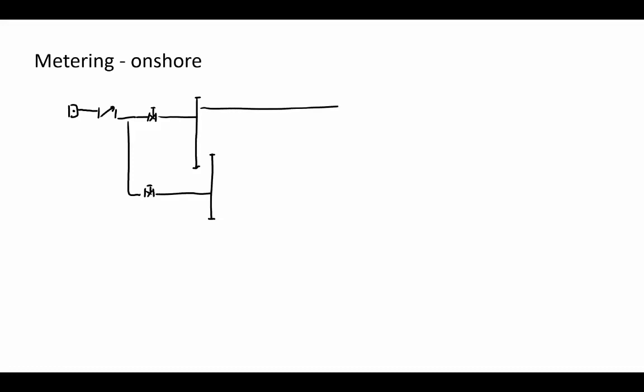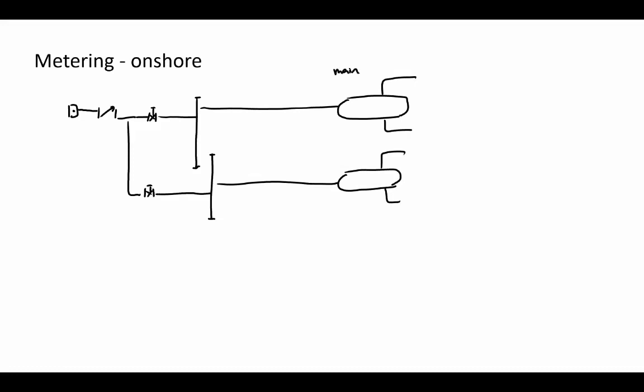So one option is what I already mentioned: let's say that's our well, and then we have our one-way valve, and then our routing valve, then our first header. If we're going to make testing, we need to have two headers, and then you send the production of this header to the main separator, and the production of that header to the test separator. That's main, and this is the test.